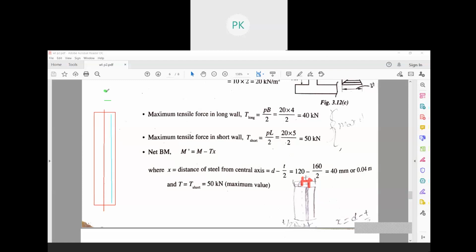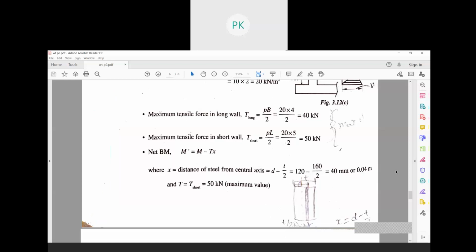We call this as x. So how to calculate this x? We have this effective depth d, okay, and this is T by 2, where T is the thickness divided by 2. So what we do is, effective depth small d minus T by 2, then we will get the x value, okay. Next we shall move on.